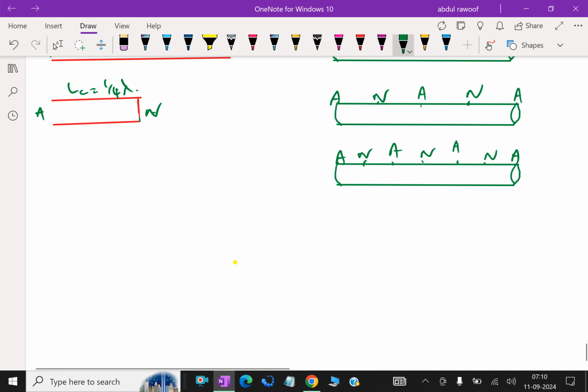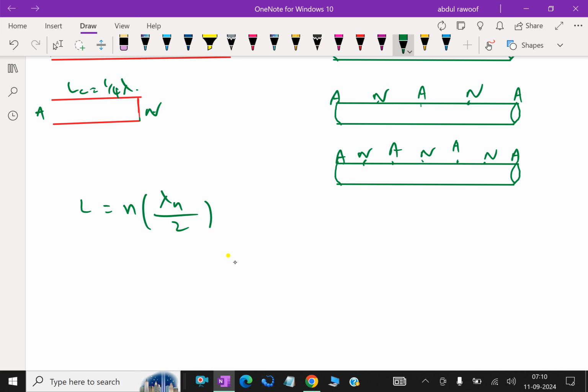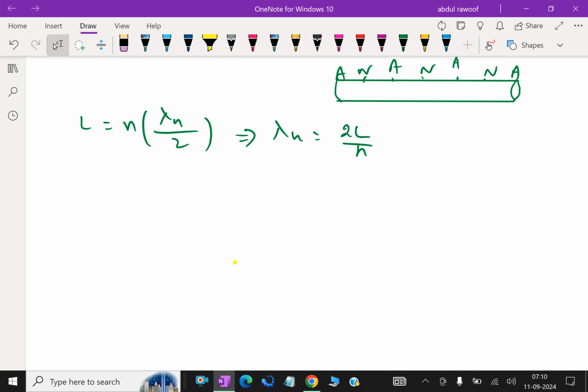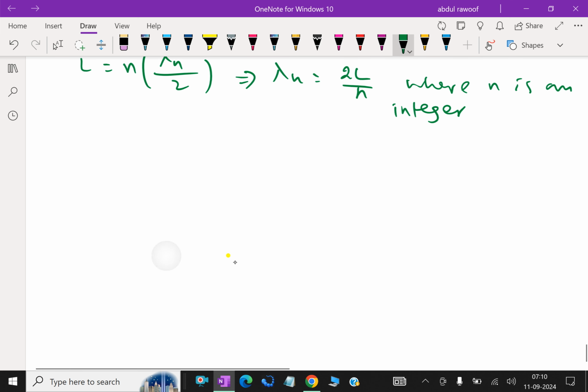Now let us start. L equal n times lambda n over 2, which gives lambda n equal to L by n, where n is an integer. Therefore lambda n equal v over fn.